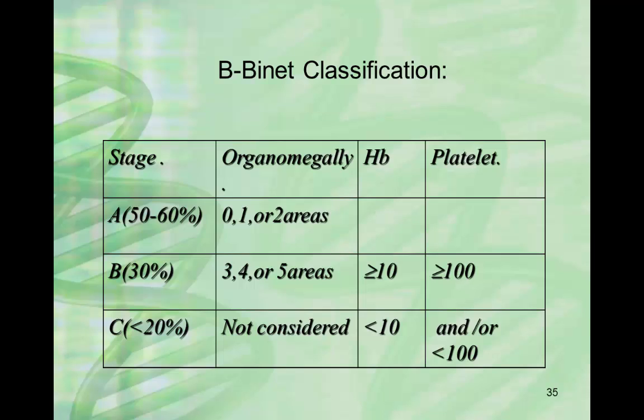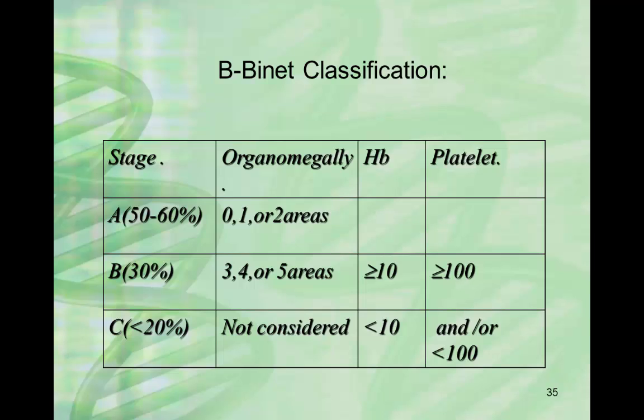And Binet, again, stage A, you have absolute lymphocytosis of more than 10,000 and more than 30% lymphocytes in the bone marrow, the same as stage 0, and hemoglobin more than 10, platelets more than 100,000, and less than 2 involved sites.